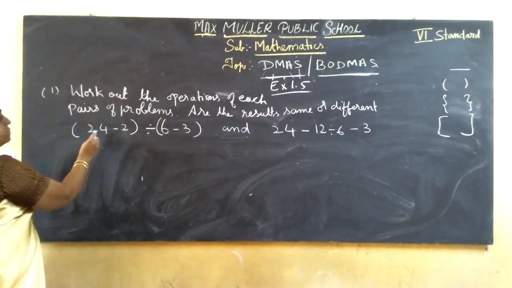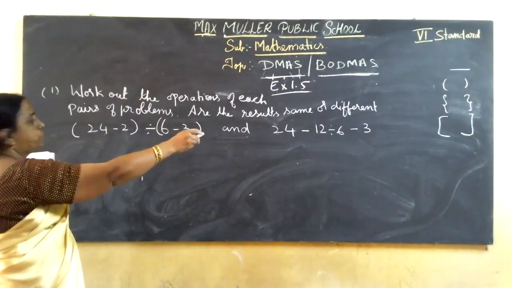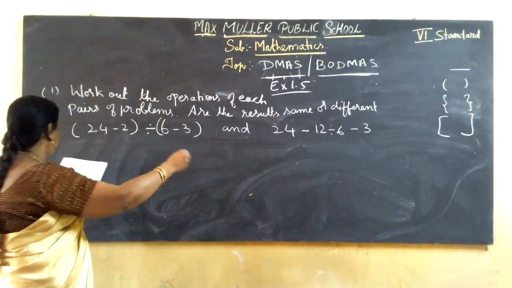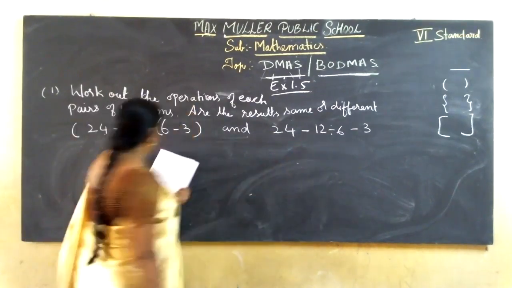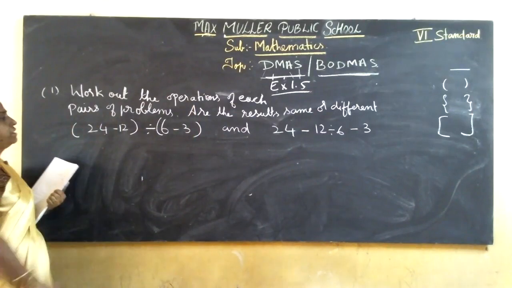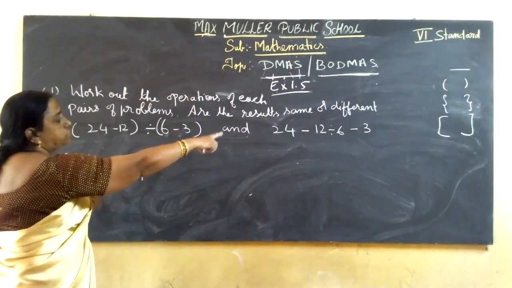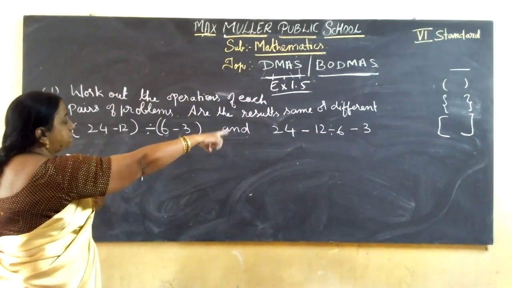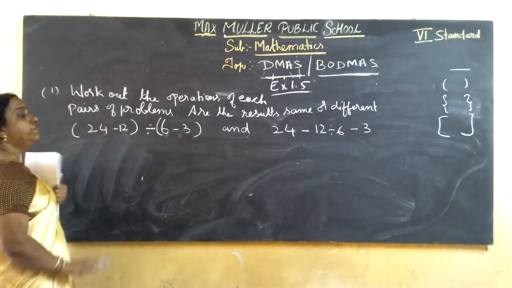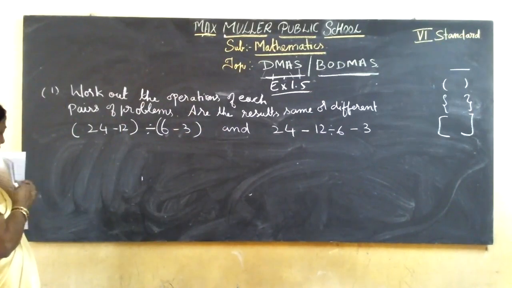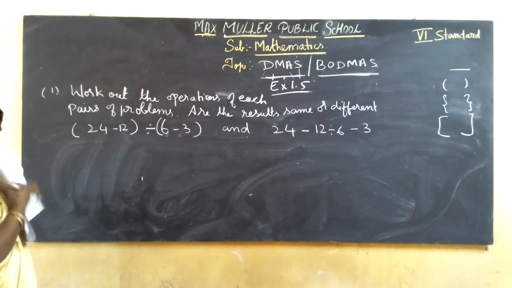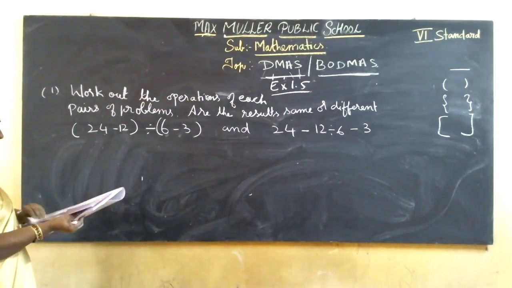But numbers are same: 24 minus 12, 24 minus 12. Same. But we'll see whether we'll get same result or different. Result means what? Answer. Same answer or different answer.